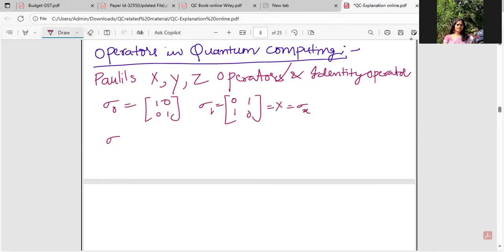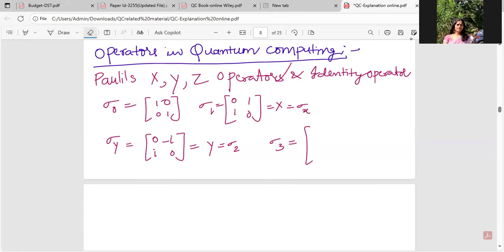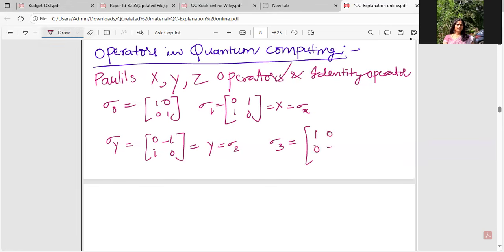Sigma Y, and of course this is also called sigma 2. Sigma 3 is no change in state, only change in phase. So 1 0, 0 -1. Also called sigma Z or the Z operator.